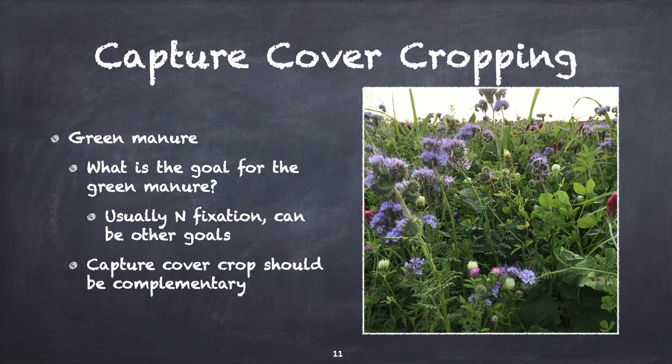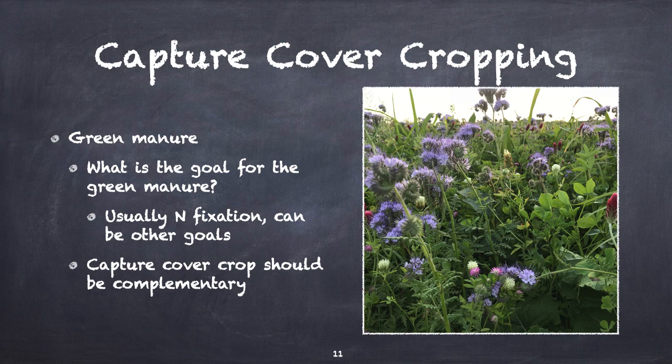When we're looking at green manures, in the past, the quick knee jerk reaction is we're growing green manures for nitrogen fixation. Okay, maybe, but there are some other opportunities we could be doing with green manures instead of just being stuck on the nitrogen fixation. So the biggest question I ask is, what is the goal of that green manure?